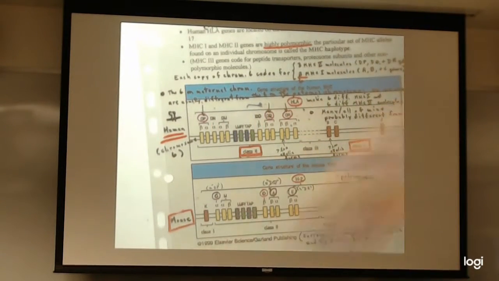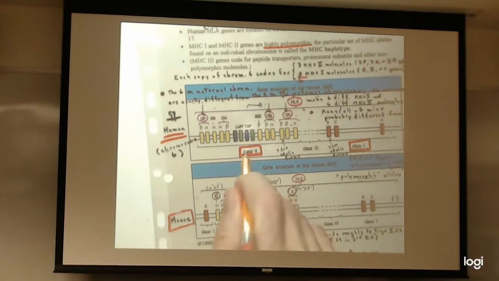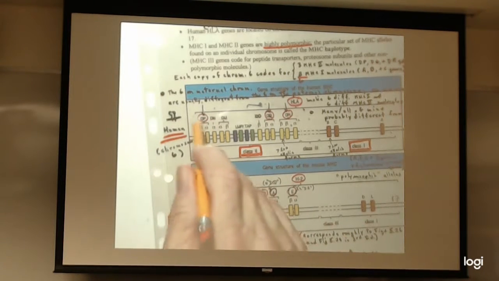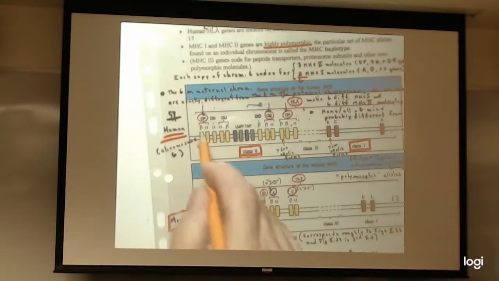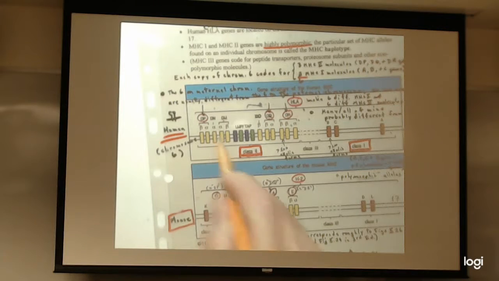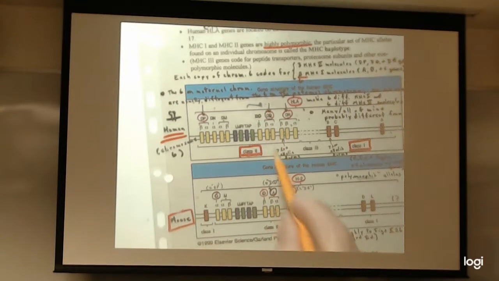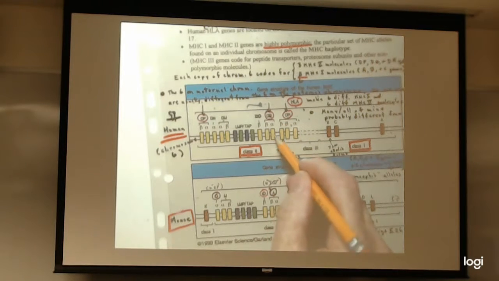The broad ideas come from just talking about class 1. It's a little bit weird to start getting into class 2. For the DP class 2 molecule, you need an alpha chain and a beta chain. For DQ, an alpha chain and a beta chain.